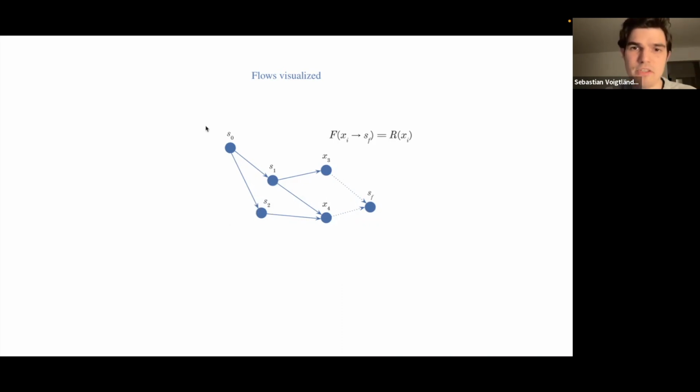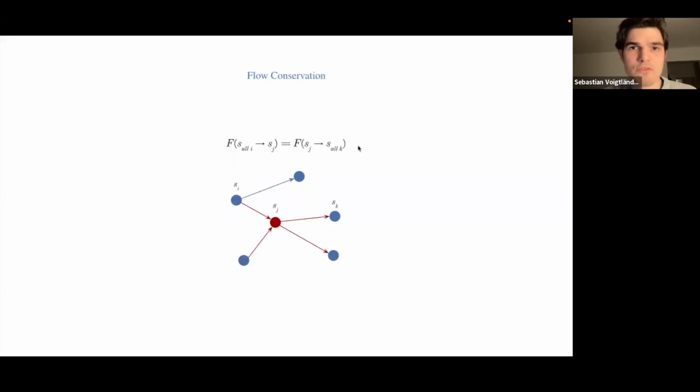Under these three conditions, you also know that you will always be able to find a well-defined flow on this graph, where the flow from the penultimate node to the ultimate node, or the flow through x3, which is the same, is equal to the reward function.